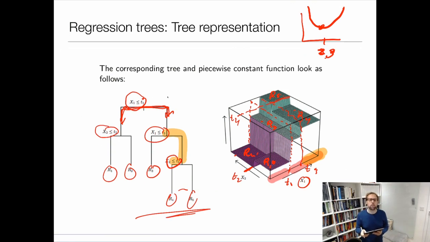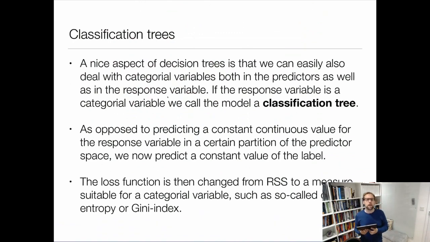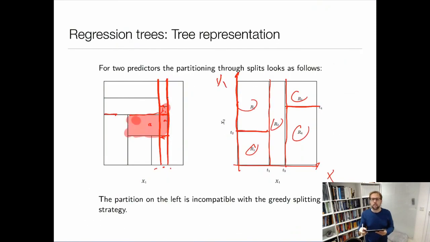model to work with. Now, interestingly, besides those regression trees, I can also do the same with any other response variable. Rather than saying, for example, in this region here, giving an output of a continuous variable, I always give the same value for this region here.